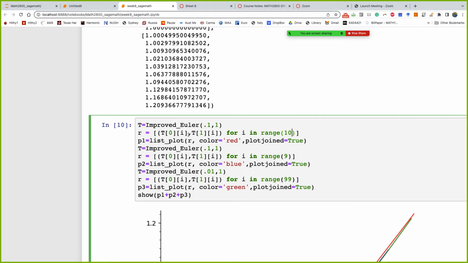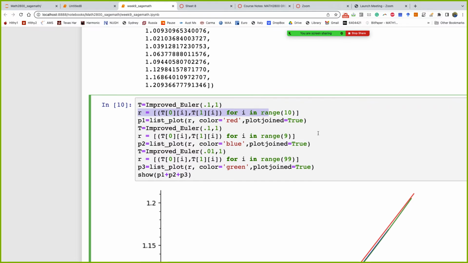Then using this one we can start to plot this r. So r will be this T0i.